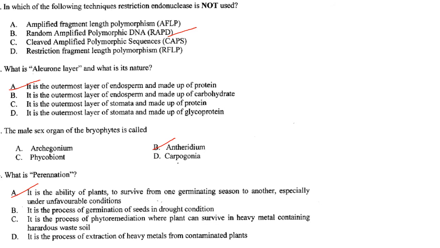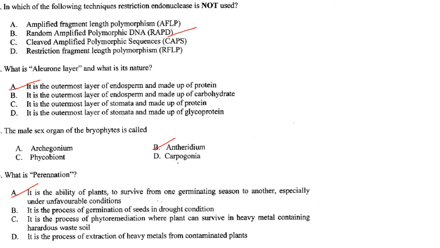Then what is the aleurone layer and what is its nature? So it is the outermost layer of endosperm and is made up of protein. Answer is option A. The male sex organ of bryophyte is called antheridium and archegonium is the female sex organ. So answer is option B. Then what is perennation?